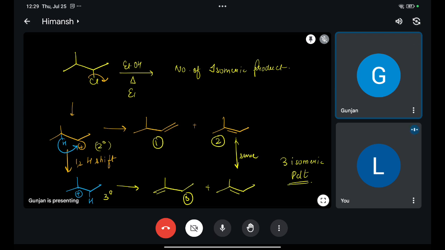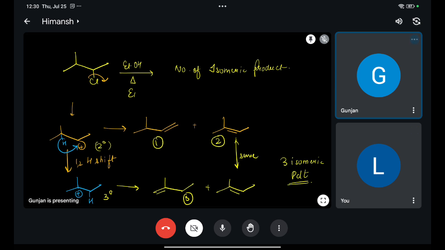Ma'am, in the first case, this hydrogen shifting to that between two carbons. Ma'am, why? How will that first product be possible, ma'am?